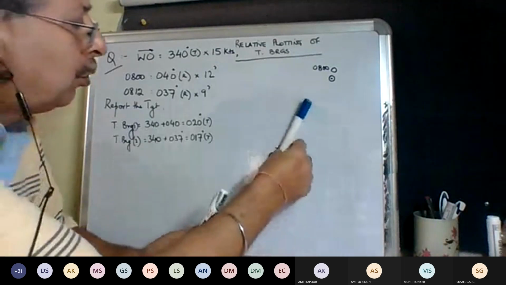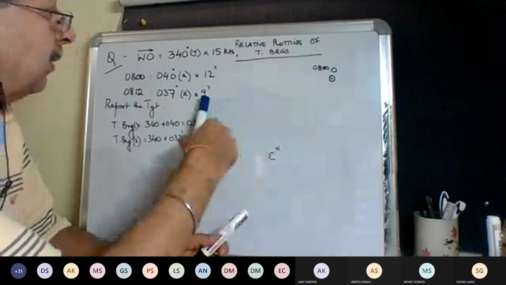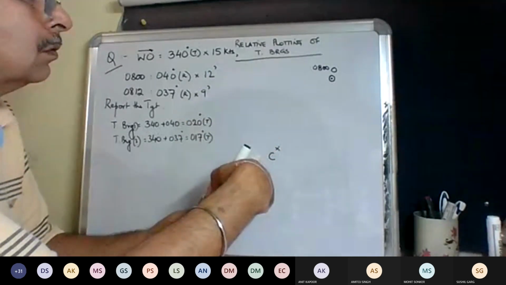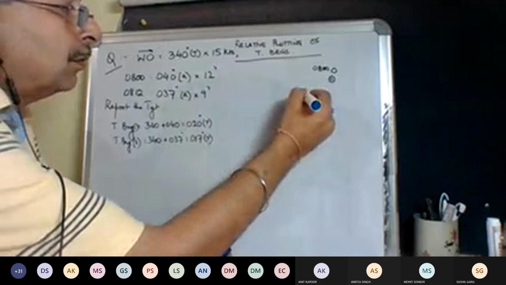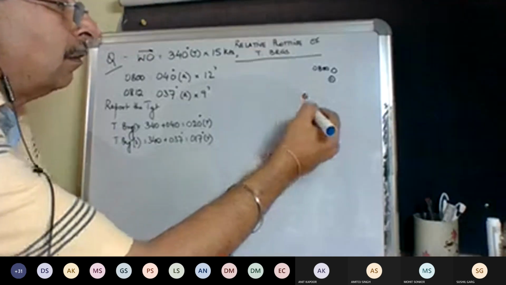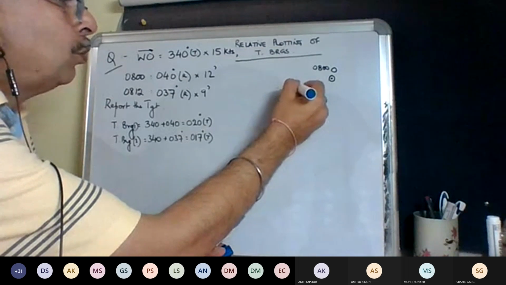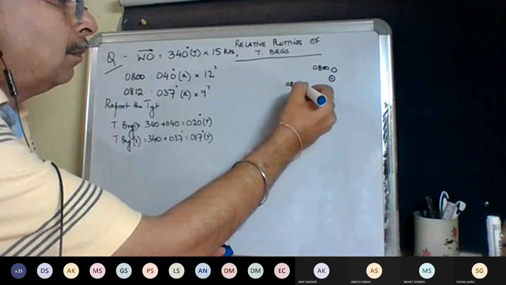Then put your roller ruler at 017. Do the same thing. This time 9 miles range. Put a dot. Put a circle around it. Call it 0812.